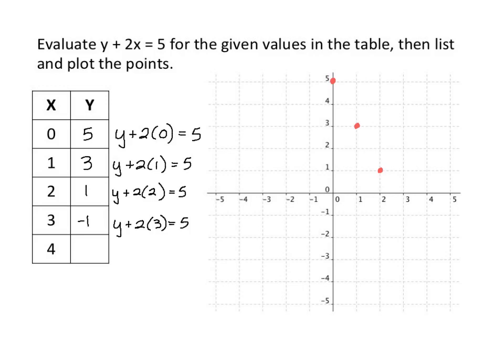This tells me to go right 3, down 1, so I'm plotting that point. And then the final value, at 4 for x, I'm plugging that in, getting y plus 2 times 4 is equal to 5. And since 2 times 4 is 8, and 8 plus negative 3 is 5, I know my y value must be negative 3. So this is telling me to go right 4, down 3. Here's my final point right here.